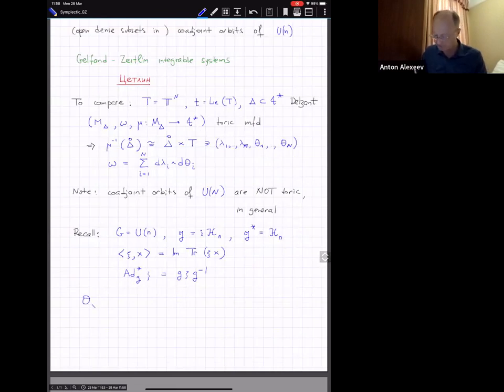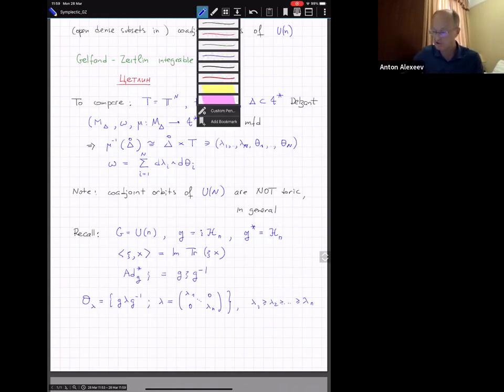Coadjoint orbits are, of course, orbits of conjugation, and it's convenient. We know that every Hermitian matrix can be diagonalized by conjugation by unitary matrices. So it is convenient to choose representatives which are diagonal, and moreover, we can choose the eigenvalues to be ordered, for instance, in the decreasing order, or sometimes people prefer increasing order.